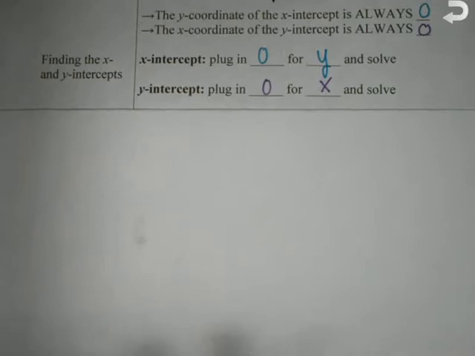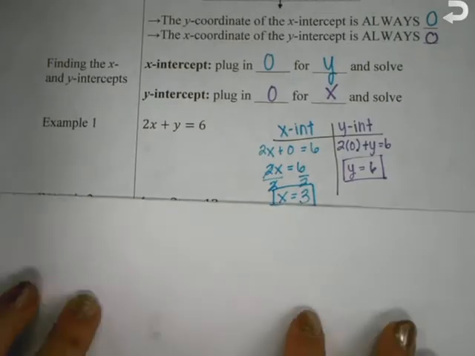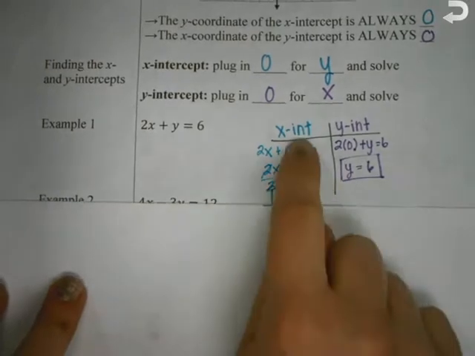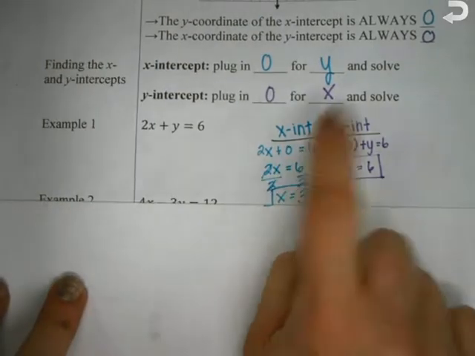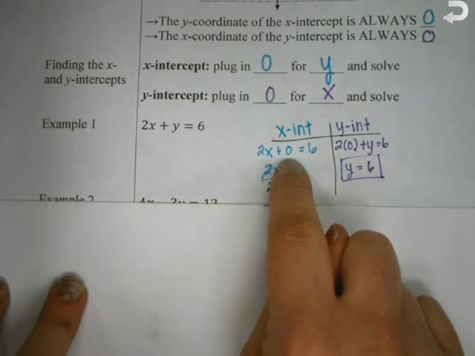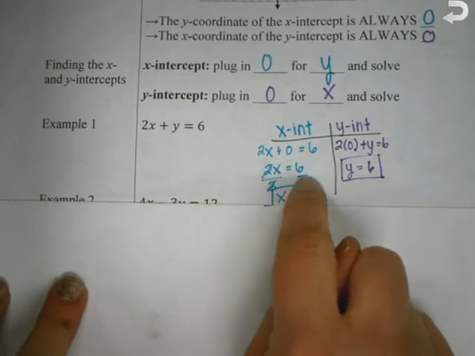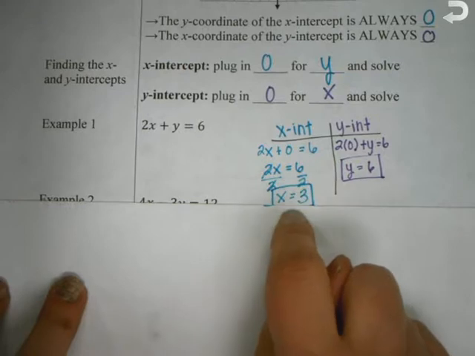Okay? So I'm just going to recap for you guys really quick. I make my t-chart. One column is x, one column is y. To find the x-intercept, I plug in 0 for y, which gave me 2x equals 6. So I divide both sides by 2, and I get x equals 3. And that's 1 point. Which axis is it crossing, the x or the y?